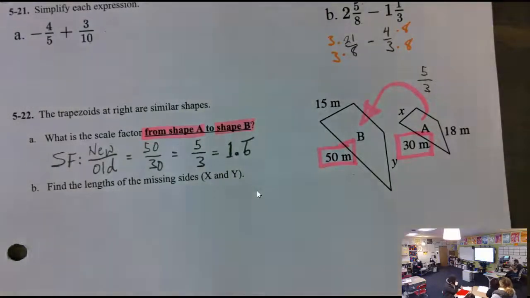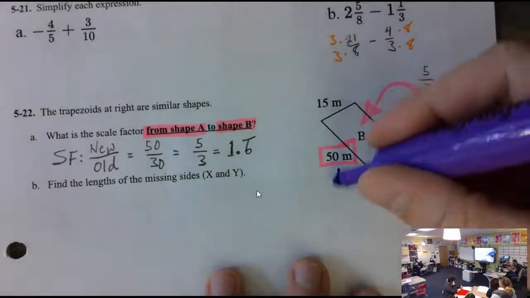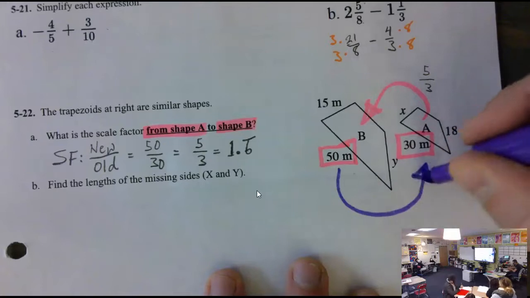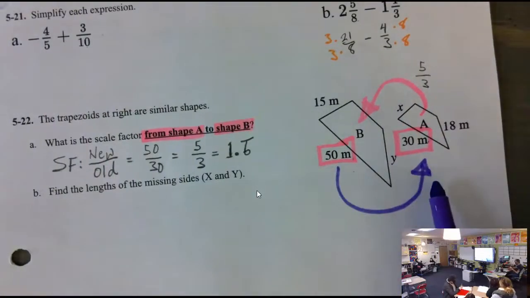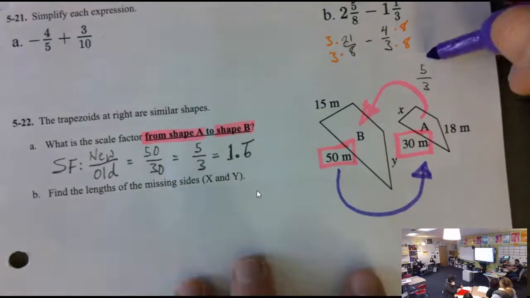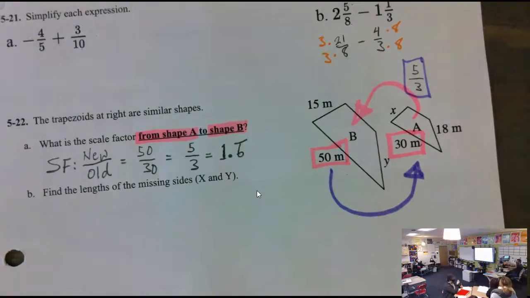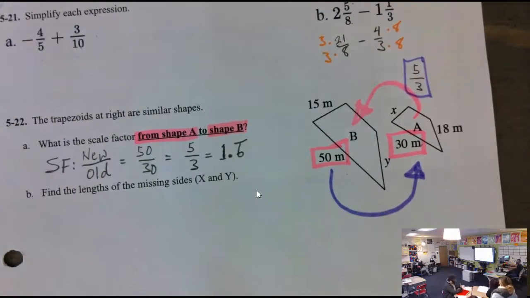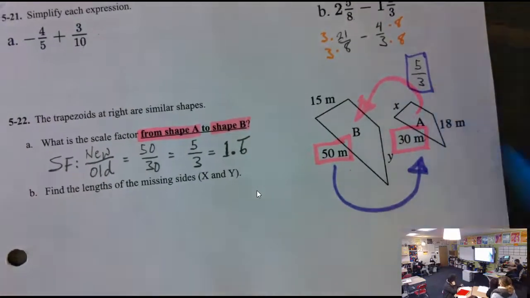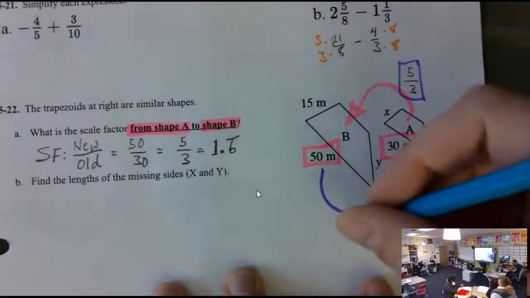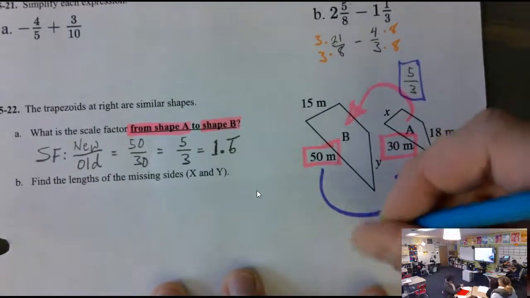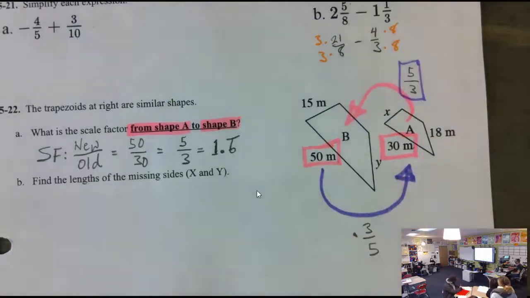But if we're getting smaller and going from B to A, what do I do with the scale factor that I had going the other way? Either we can divide by that number, or if you still want to multiply, flip it over.